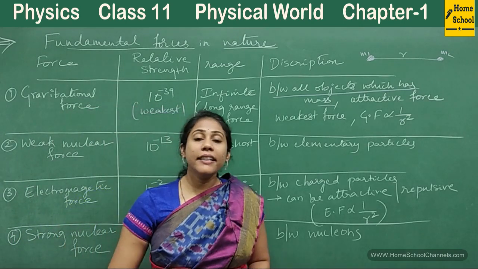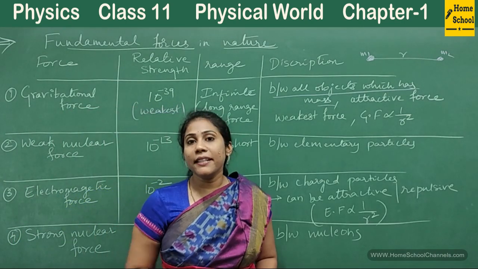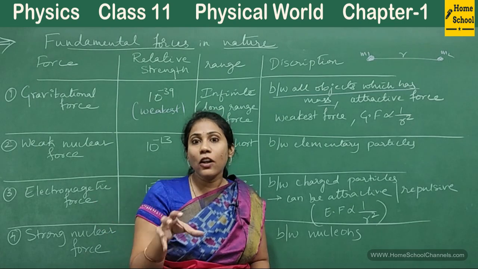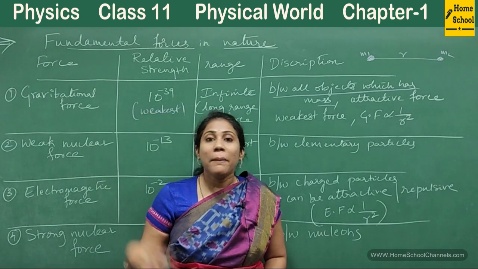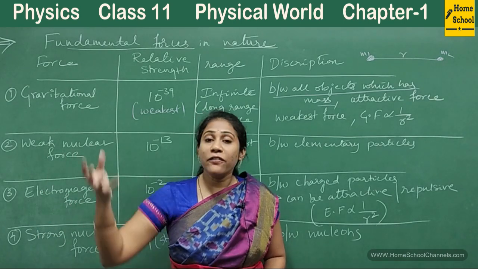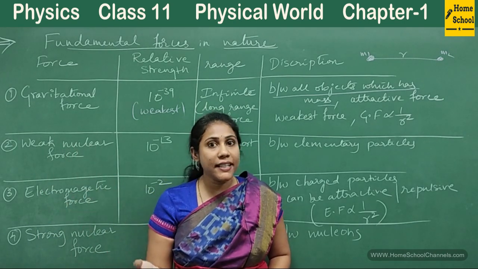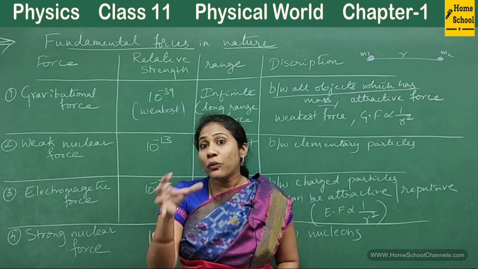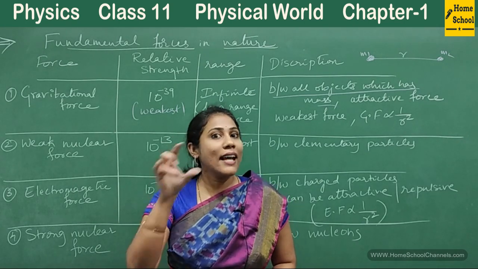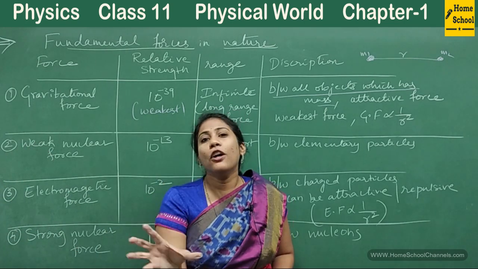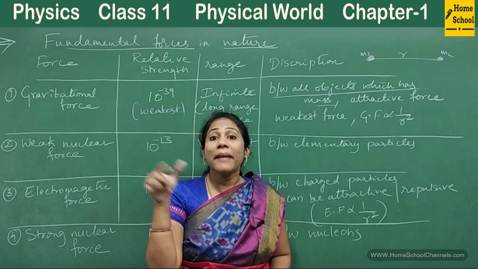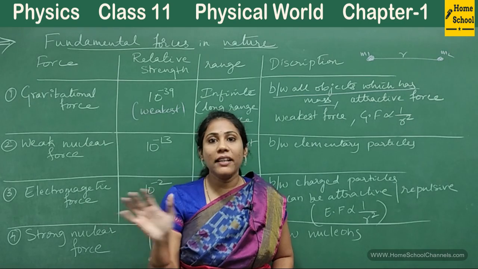Whatever the distance may be, it can be little or far away. I am standing here but I don't know where you are sitting, in which city or place, but between you and me there is a gravitational force. It may not be very big, but a little gravitational force may act between us.